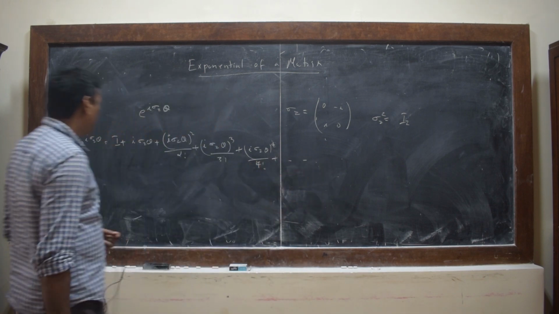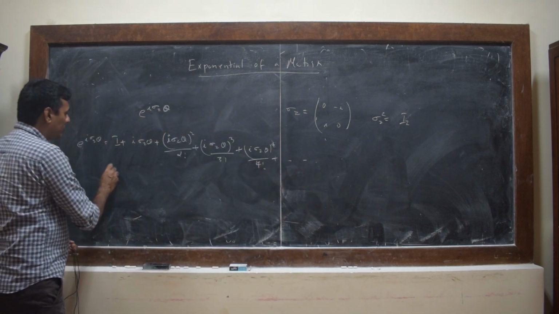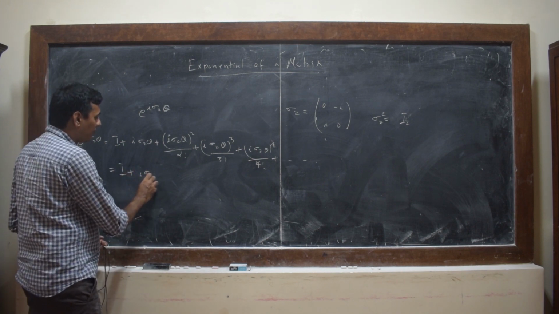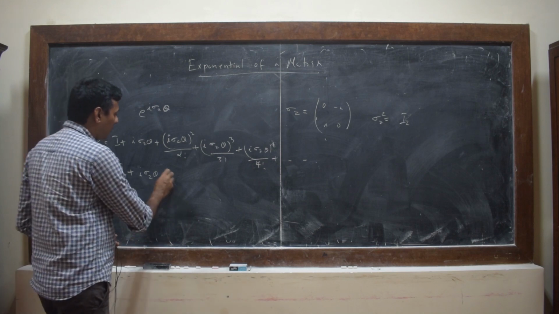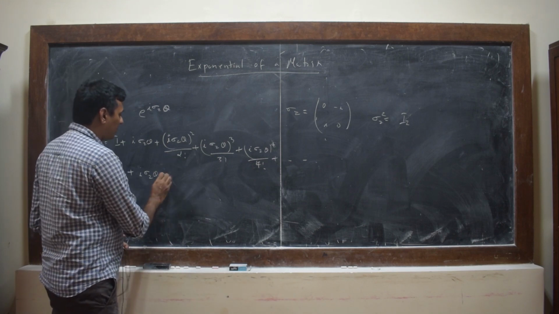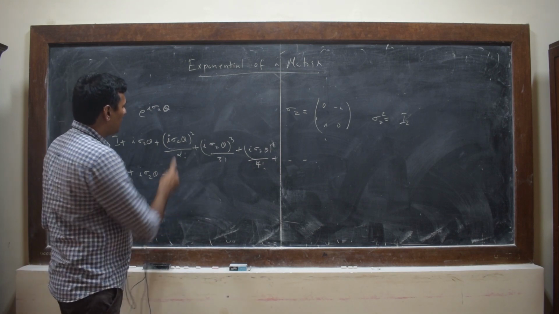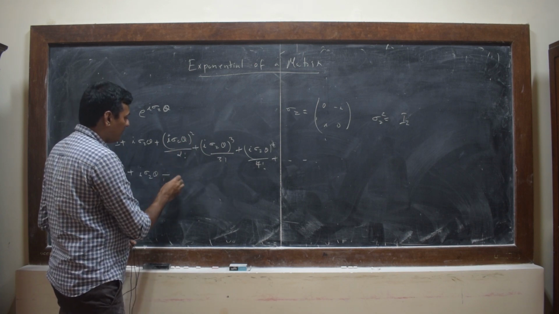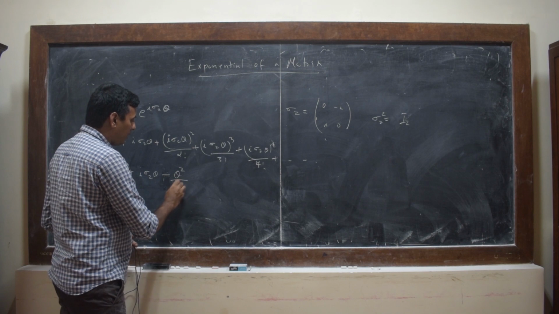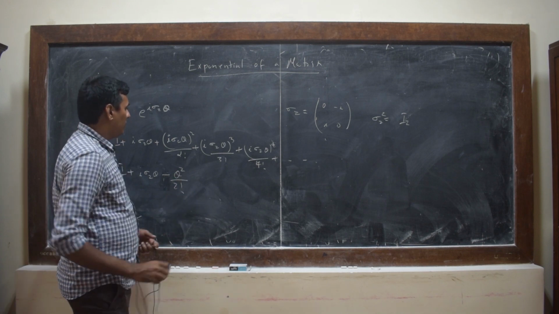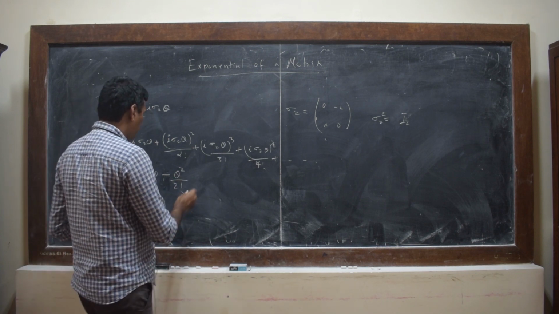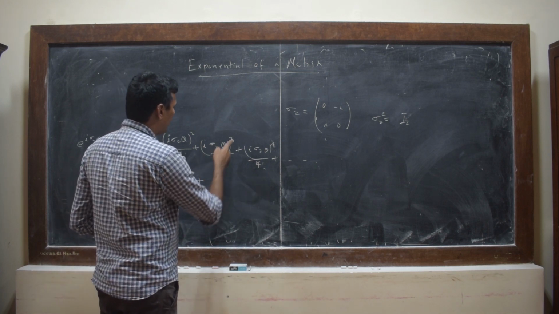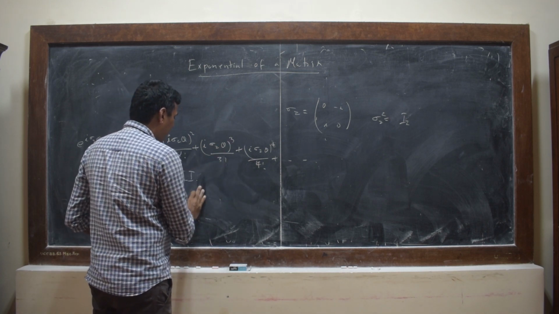Okay. All right. So this is equal to I plus i sigma 2 theta, and i square is minus 1, and sigma 2 square is identity. So minus theta square divided by 2 factorial, into identity, plus here you have i cube, which will be minus i.